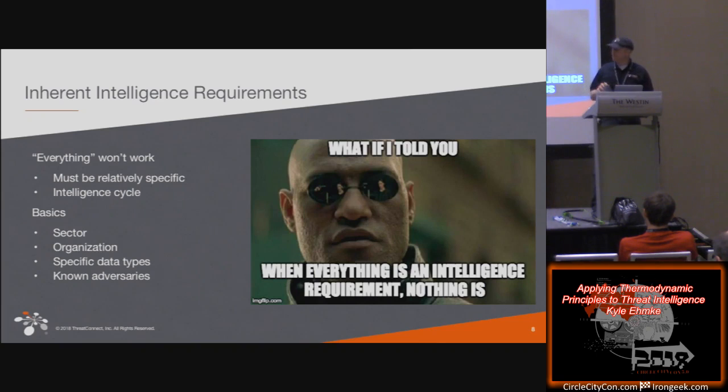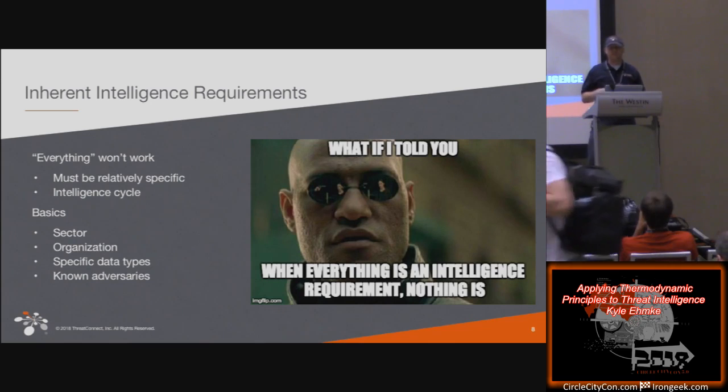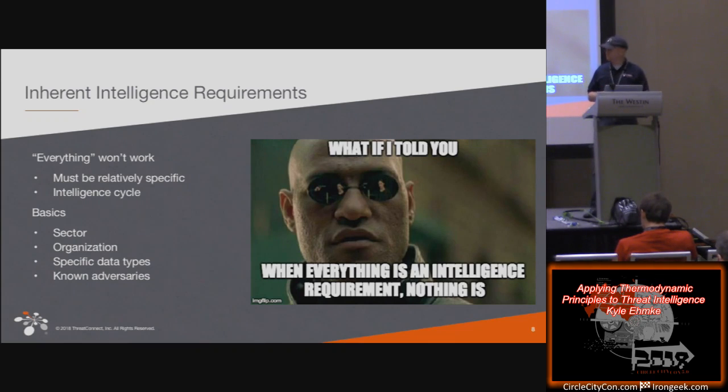Now, I'd argue that these basics here aren't even specific enough, but for organizations that are getting started with threat intelligence, I think that there are basic intelligence requirements that your organization can use. So these might seem overly simplified, which they certainly are, but they are still significantly more specific than everything and can give threat intelligence teams a general heading.